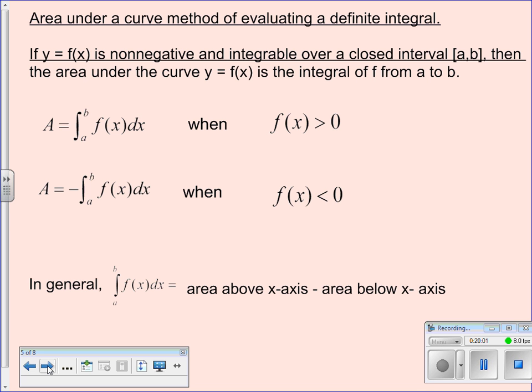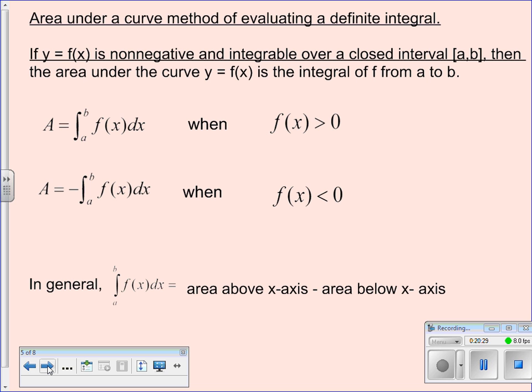The integral is equal to the area underneath the curve between the x-axis and the curve when f of x is above the x-axis. When f of x is below the x-axis, the area is negative. Above the x-axis is a positive value for the integral. Below the x-axis is a negative integral.